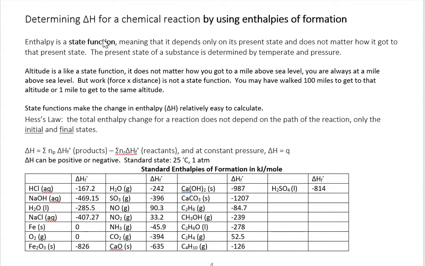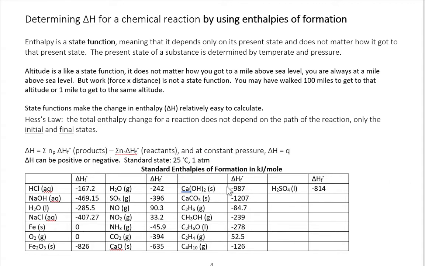That's what we mean by it's a state function. And so Hess's law states it this way. It says the total enthalpy change for a reaction doesn't depend on the path, only the initial and the final states. So if we know what the initial state is and the final state, if we know what the reactants are and the products, then we can calculate that.